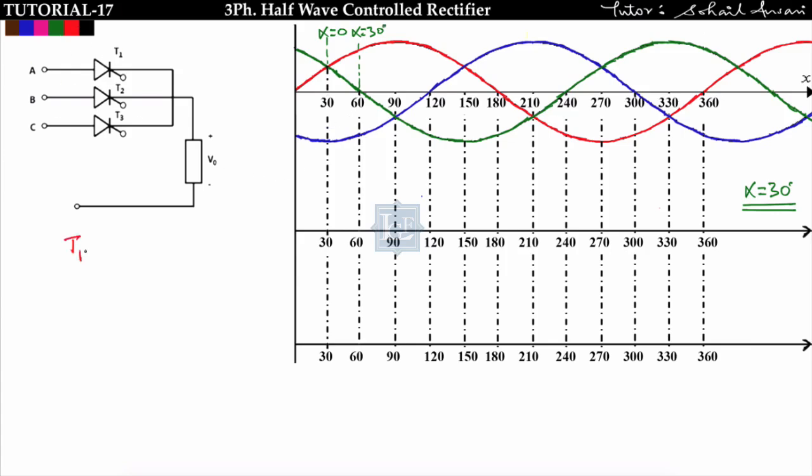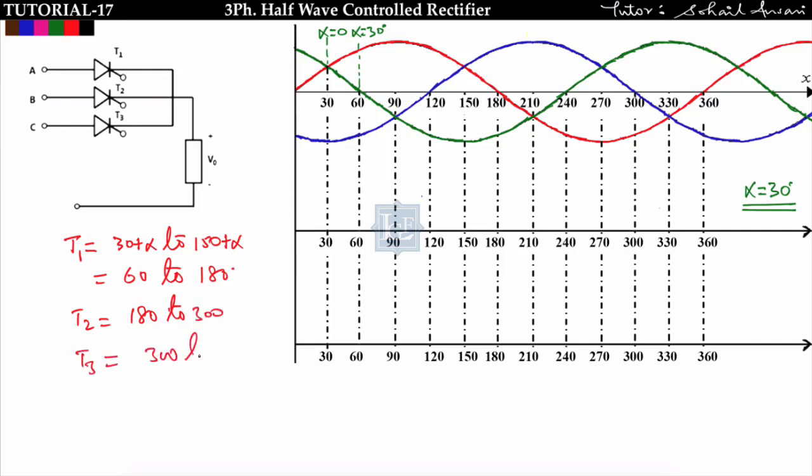Now see, I have already explained here T1 is triggered from 30 plus alpha to 150 plus alpha. So if I take alpha is equal to 30 degree, then T1 will conduct from 60 to 180. Similarly T2 will conduct from 180 to 300, and T3 will conduct from 300 to 420.